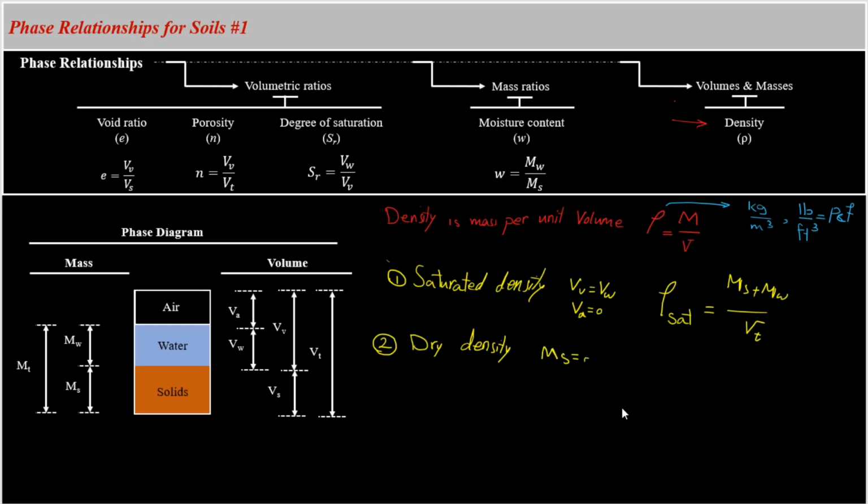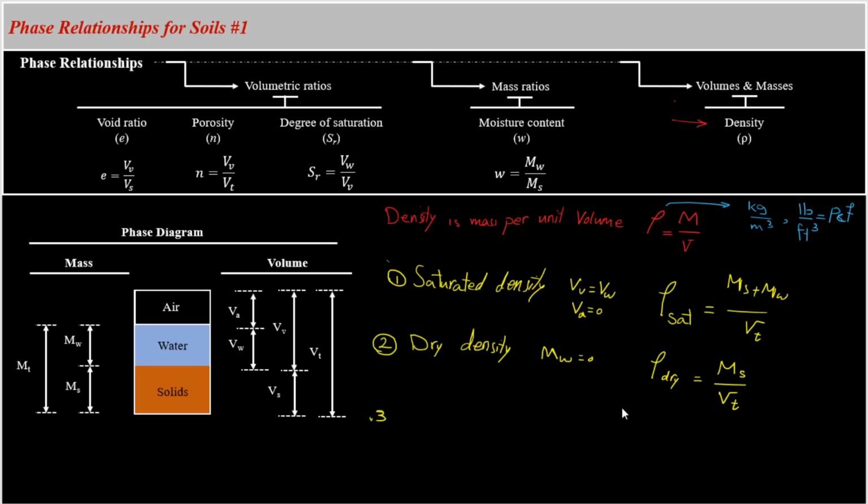So mass of water is equal to 0. So looking at the equation above, we can say that dry density is equal to only mass of solids, because it will be the only mass in a soil, divided by the total volume.